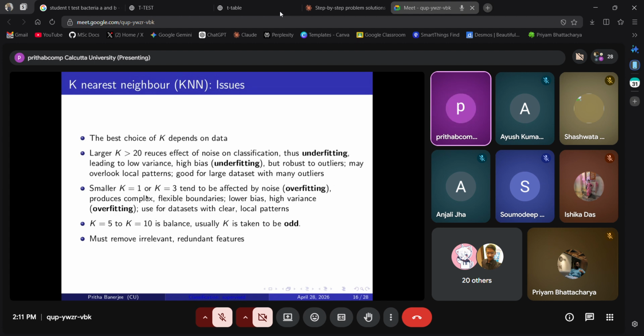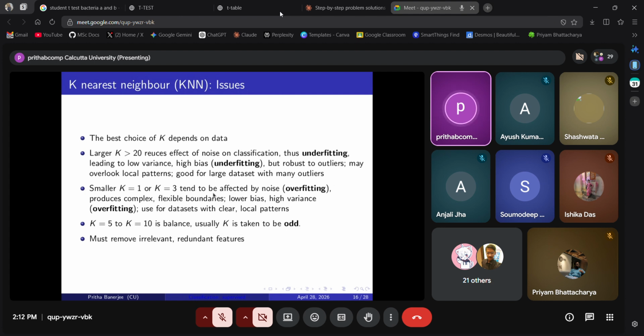Okay, so we'll be using smaller k values for data sets where we know that the patterns are very local. I mean, from the very small neighborhood, we'll be able to identify its class.